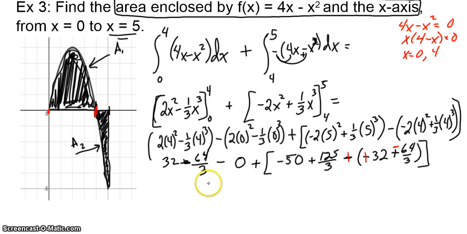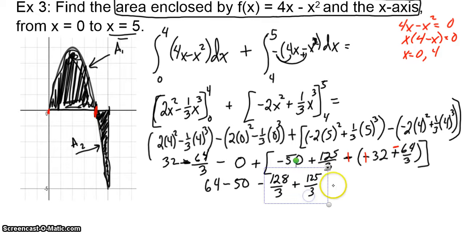So 32 and 32 is 64, minus 50, and negative 64 thirds, so that's 128 over 3, plus 125 over 3.